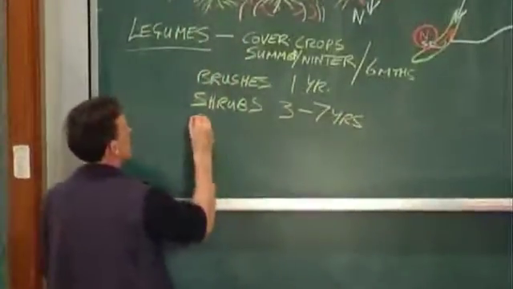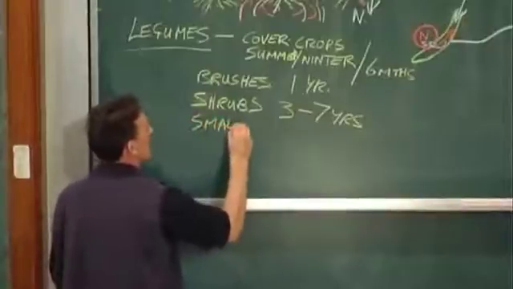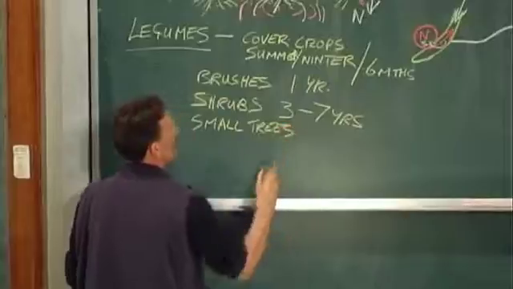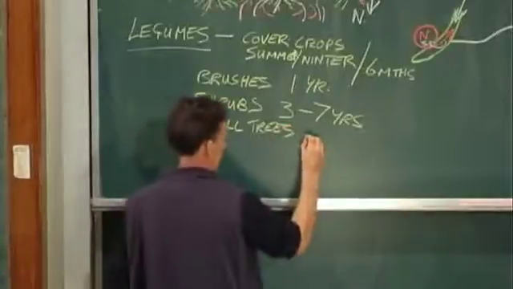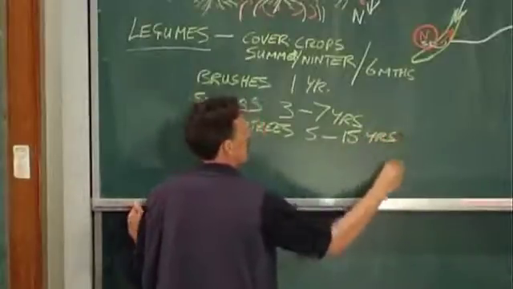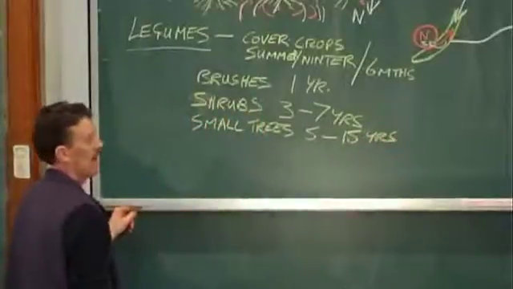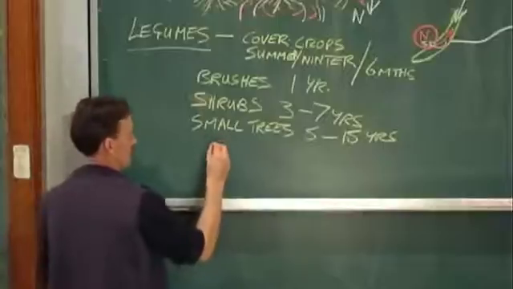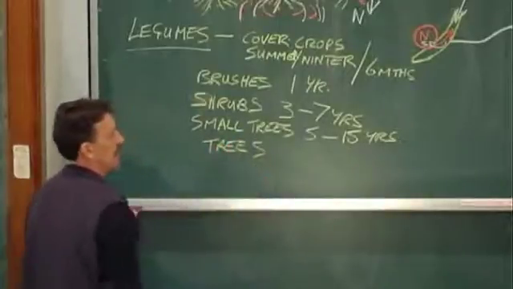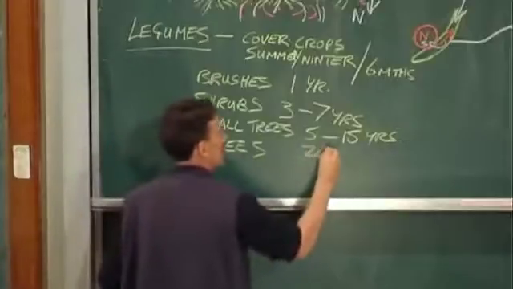I can put in small trees that last 5 to 15 years. I can put in some trees, legume trees, these are all legumes, that last, say, 20 years.